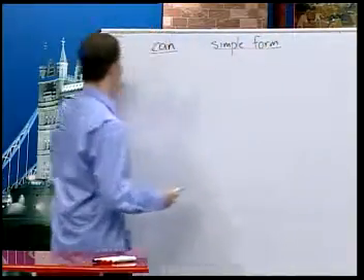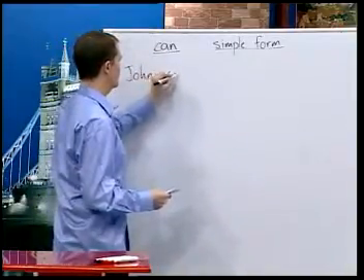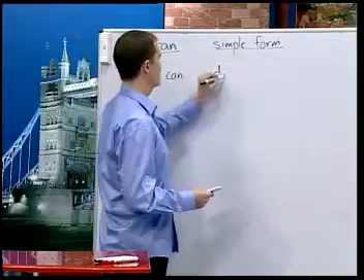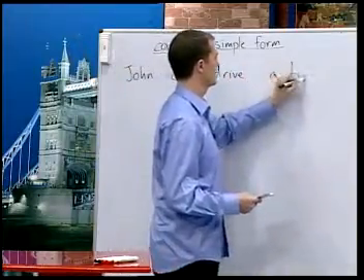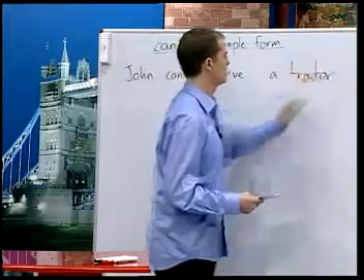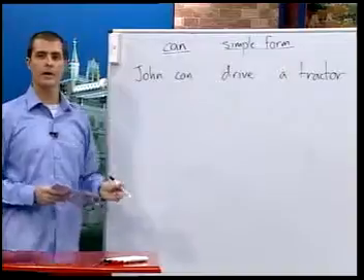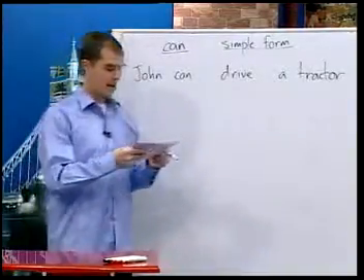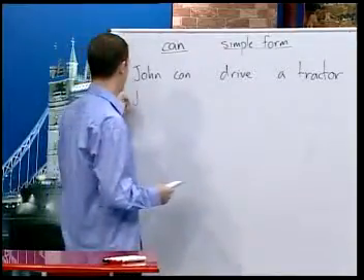So it works like this. John can, simple form, drive a tractor. John can drive a tractor. An infinitive does not follow can.